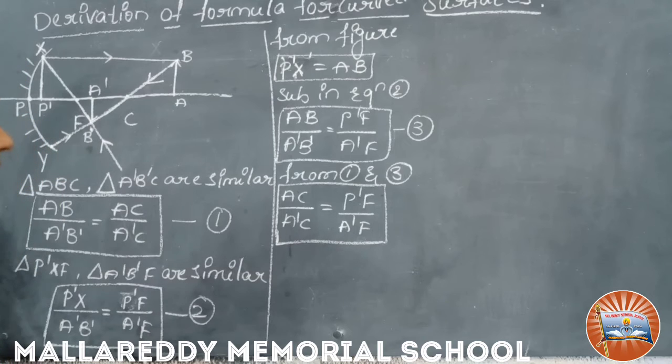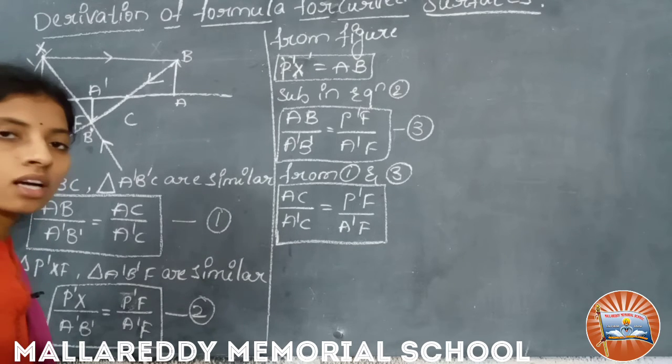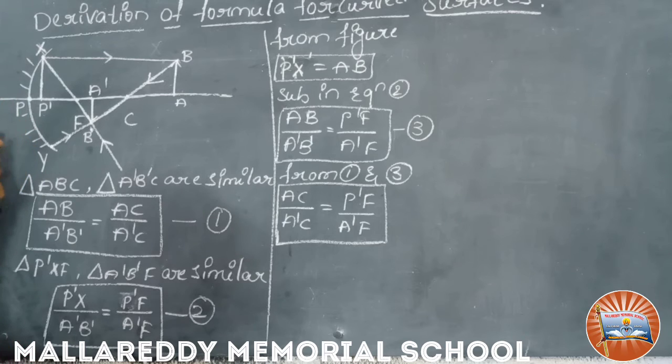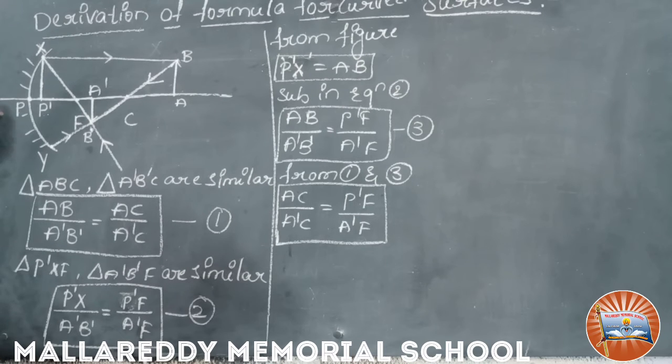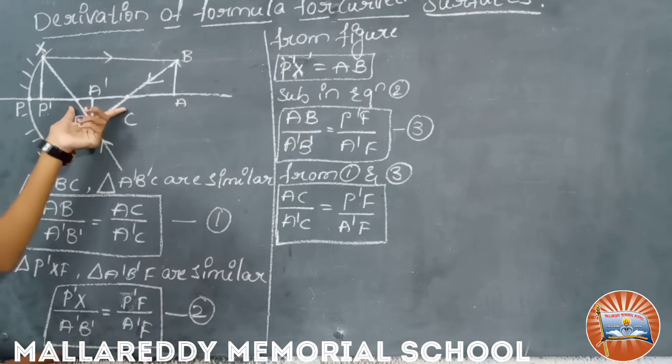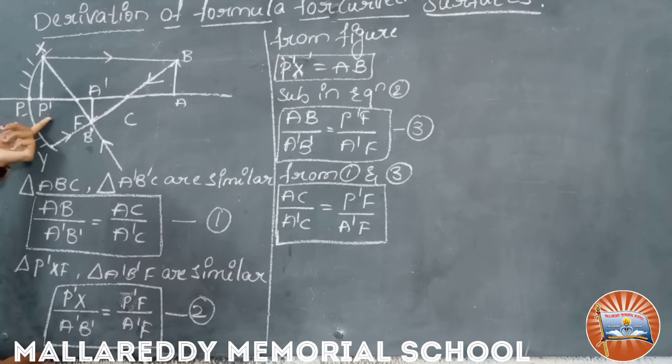Now observe the figure here. If the paraxial rays are considered, it means nothing but here P coincides with P dash, right? So the rays are very near to the principal axis. So here these two P and P dash rays are very near to the principal axis. These two pass through the principal axis very nearby.